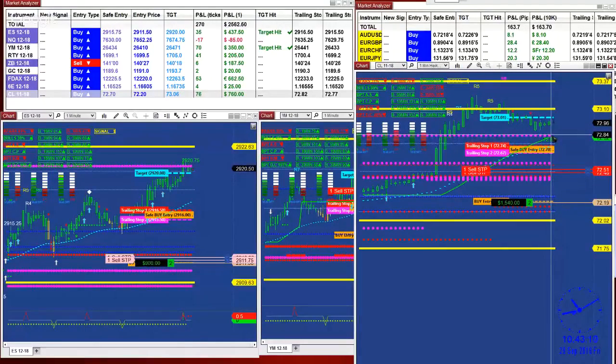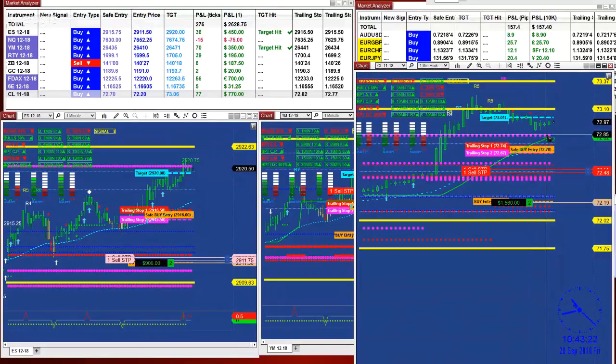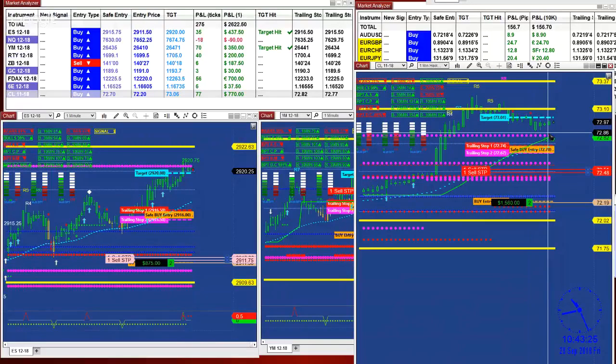This is a good potential for re-entry on the CL if you want to, but this is a high risk trade. If you have not taken the trade from the beginning, now you are diving into a very high potential trade. Today is a Friday. So this is a re-entry point.